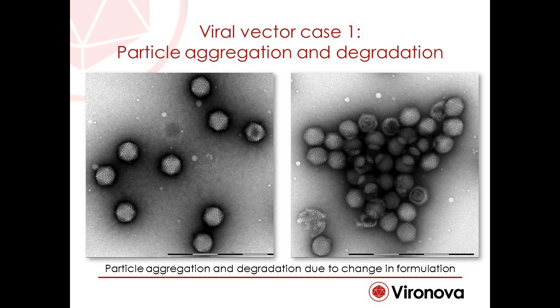In the image on your left-hand side, you can see adenovirus particles, which look very nice. It's a good integrity, nice morphology, and you can see that these particles are shown as single units.